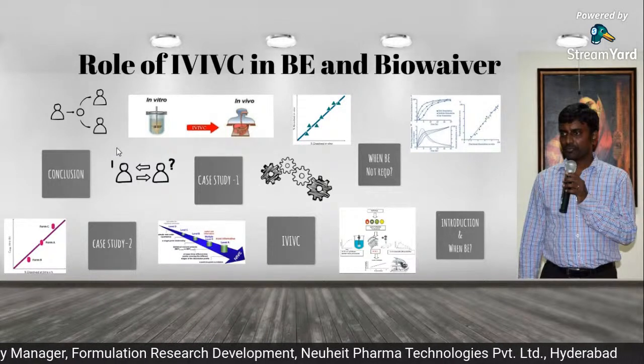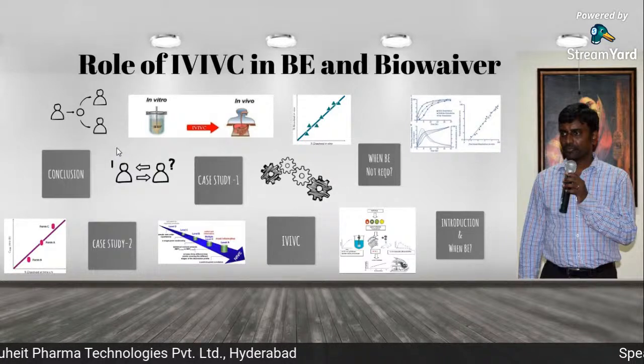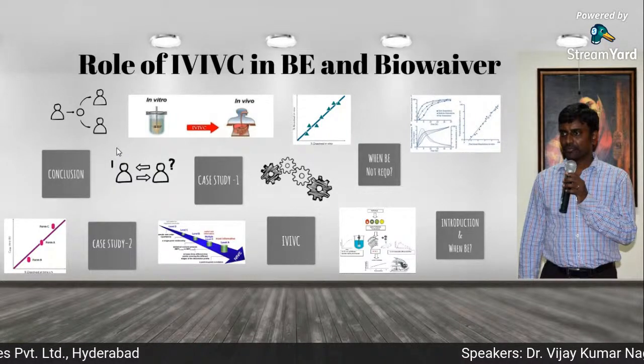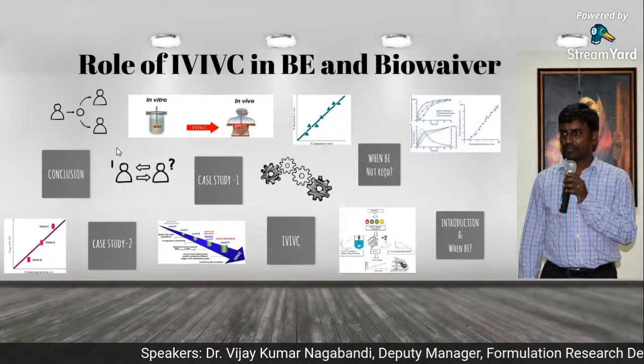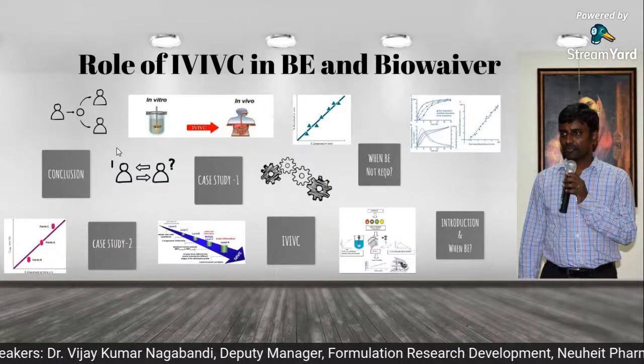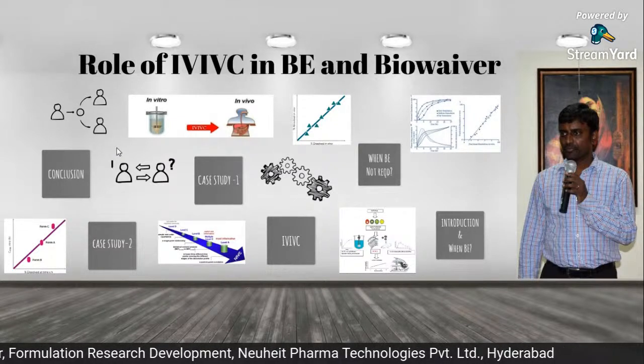In this case, most of the formulations will fail. We do all the formulation development trials and match the dissolution profile in different media under in vitro conditions. Among all the formulations, one is selected and subjected to bioequivalence testing.